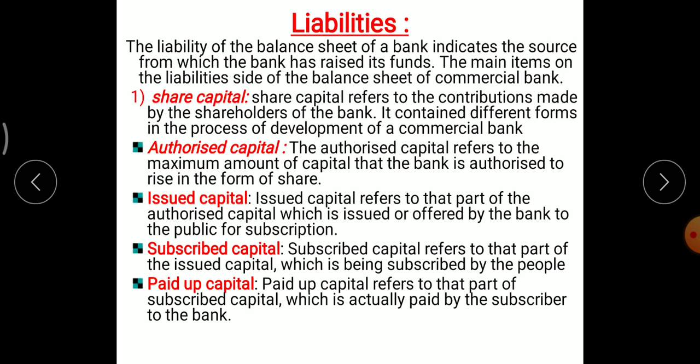Now we can see the liability side. The liability side of the balance sheet of a bank indicates the sources from which the bank has raised its funds. These are the main items of the liability side of a balance sheet of a commercial bank.